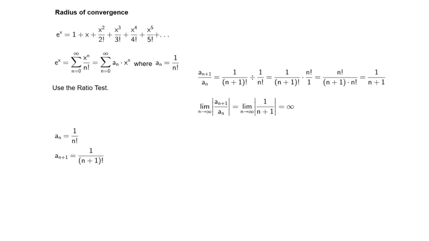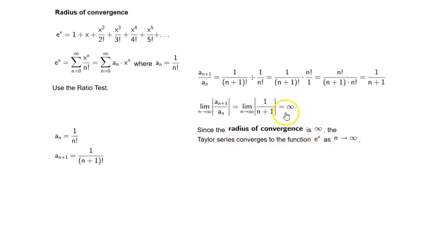So that means since the radius of convergence is infinity, the Taylor series converges to the function e to the power of x as n goes to infinity. That means this is exactly equal to e to the power of x if we take it to infinity. So the interval of convergence is minus infinity to plus infinity.